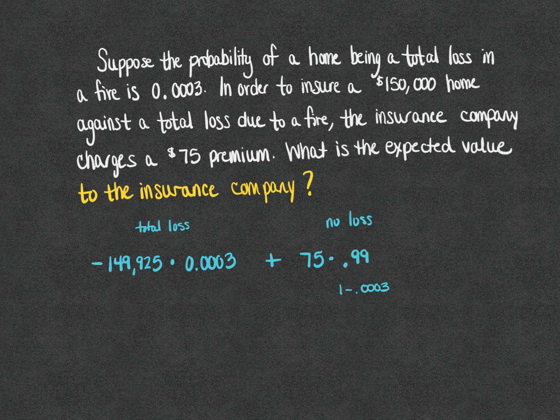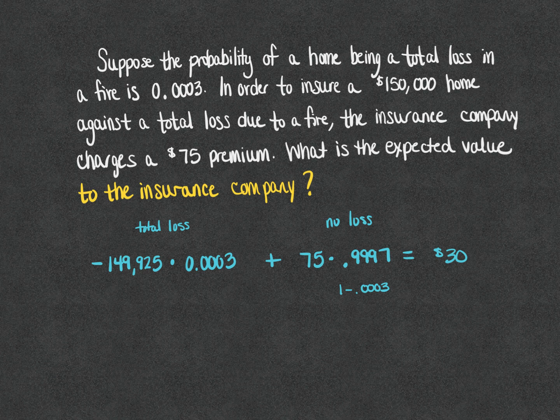And so that is 0.9997. Again, multiplying these together, doing a quick calculation here, we end up with $30 as the outcome. And so what that would mean is that the insurance company is averaging $30 in profit for every policy like this one that they would issue.